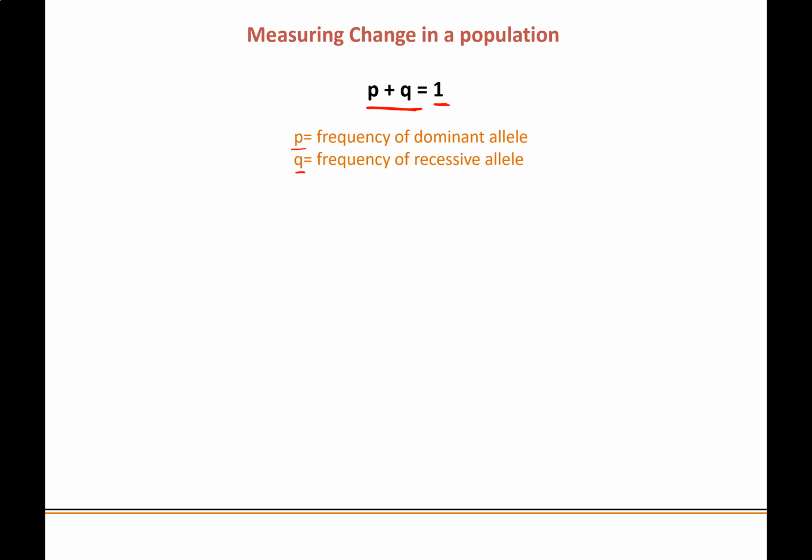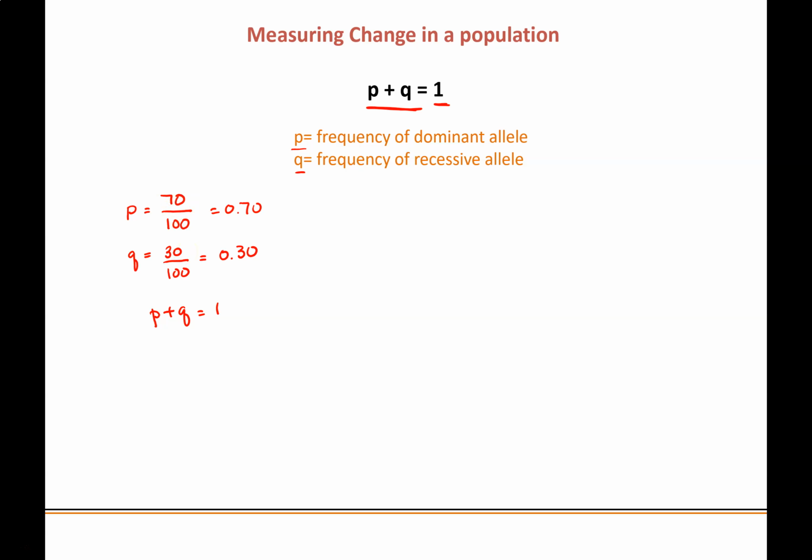But this makes sense because if you have 70 out of 100 alleles equal to P, that's equal to 0.70. And your Q alleles are 30 out of 100. That's equal to 0.3. If we add P plus Q, we get 100 because the 70 and the 30 are a subset of the total.